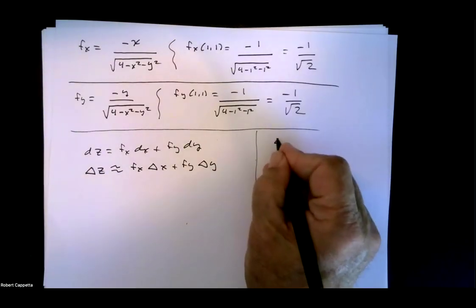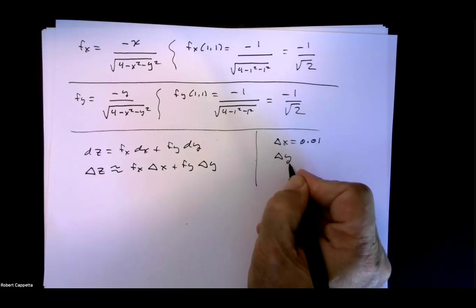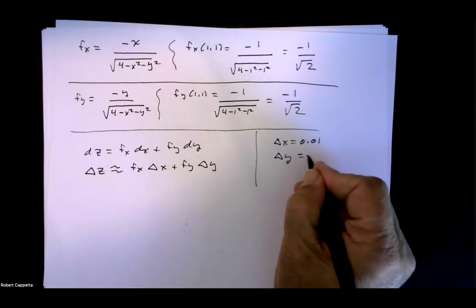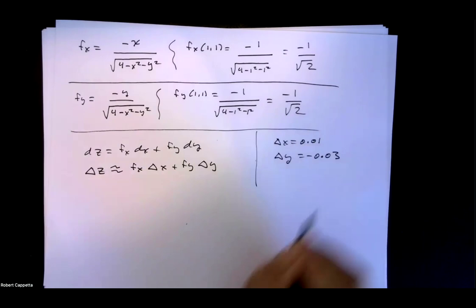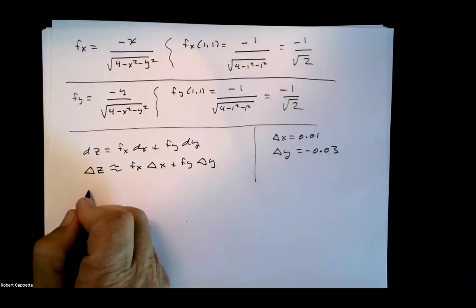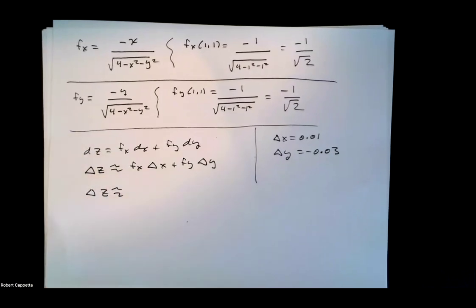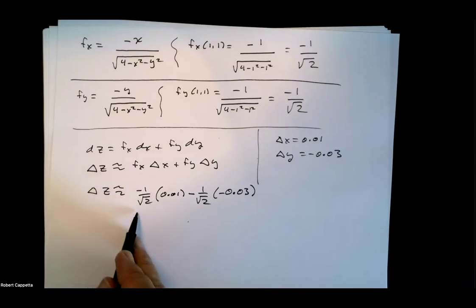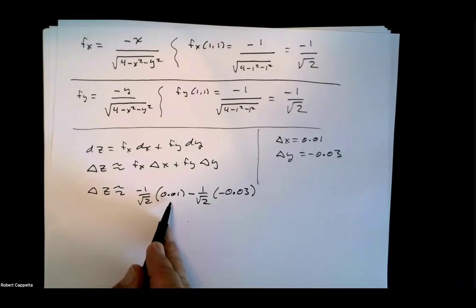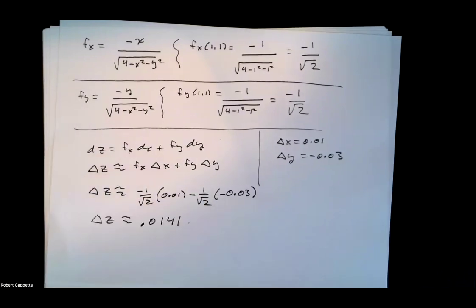Change in x was 0.01 and change in y was negative 0.03. So let's go ahead and approximate our change in z. What do we get? Plugging in those values, negative 1 over root 2 times 0.01 minus 1 over root 2 times negative 0.03. And we get change in z is about 0.0141.